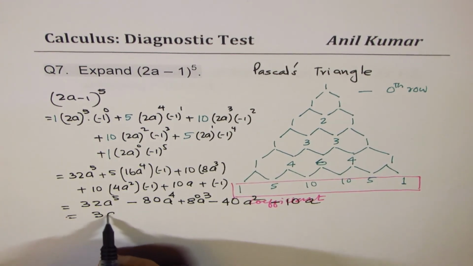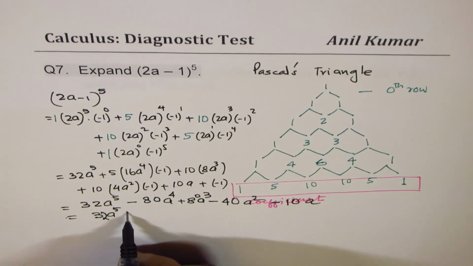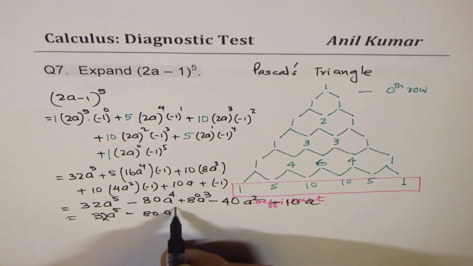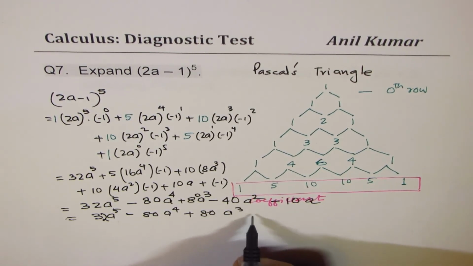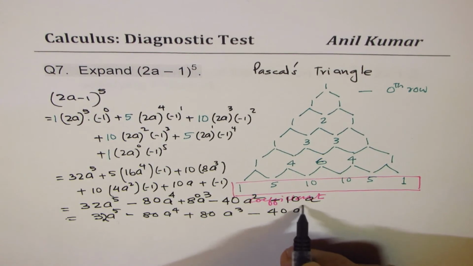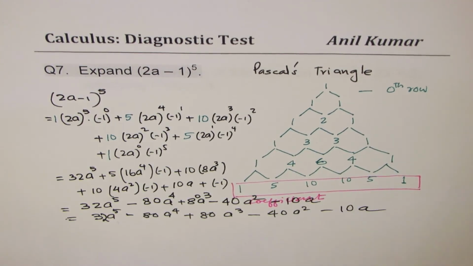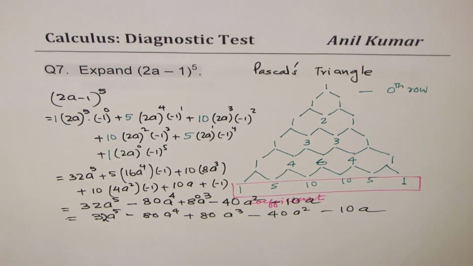So we have 32a to the power of 5 minus 80a to the power of 4 plus 80a cube minus 40a square minus 10a, right? So that's what you get as the expansion of 2a minus 1 to the power of 5.